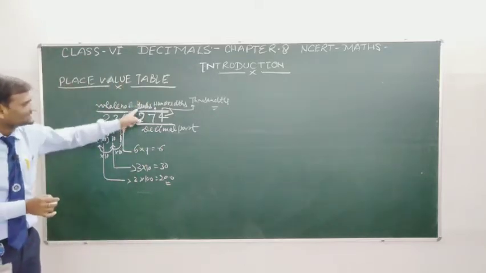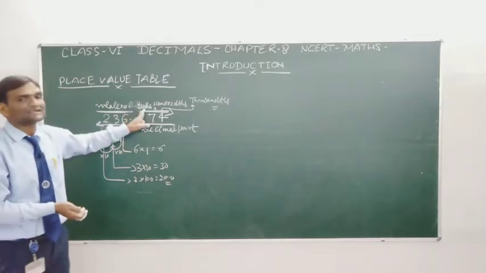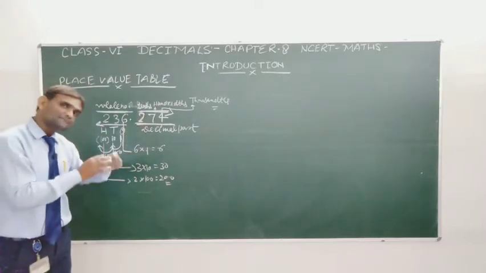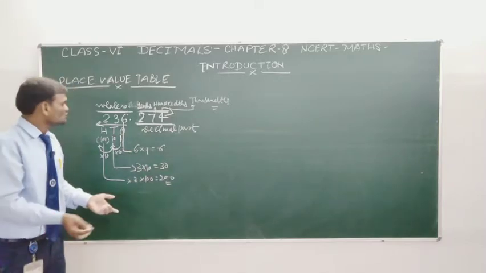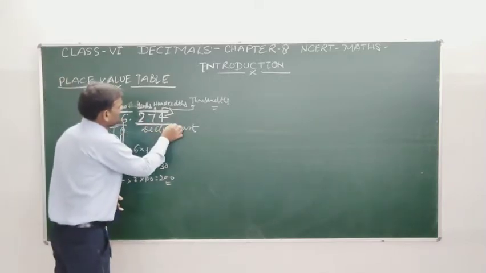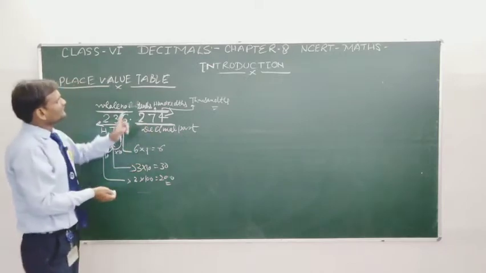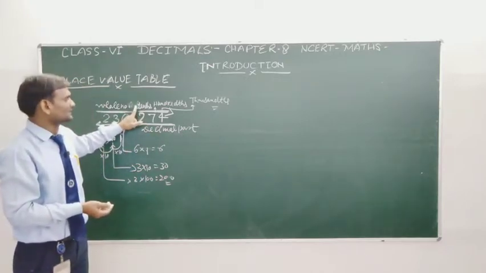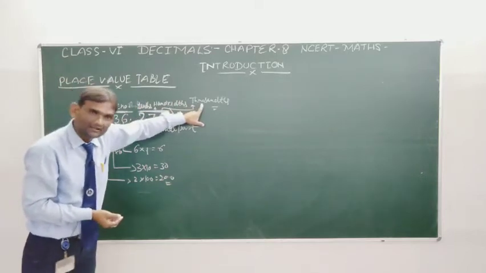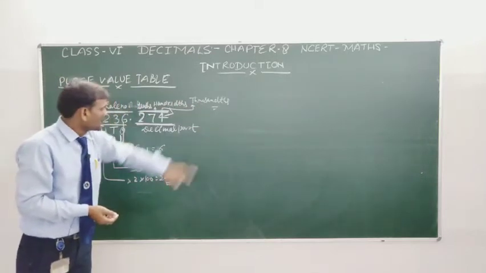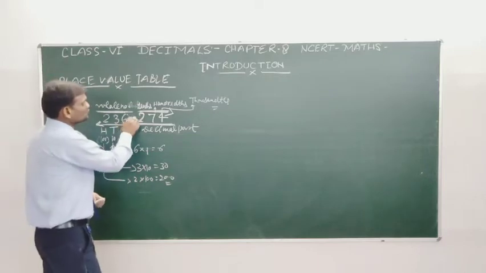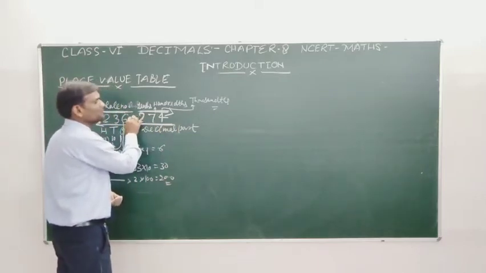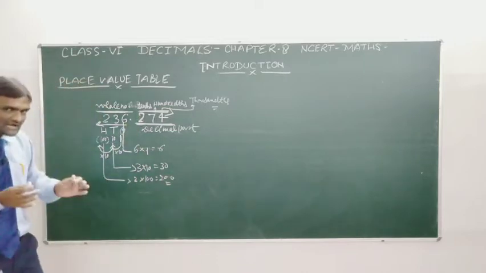Here ones is absent, so in the decimal part we start reading from tenths, tenths, hundredths and then thousandths, up to 3 digits of the decimal point. From the decimal point we need to study in class 6, student.